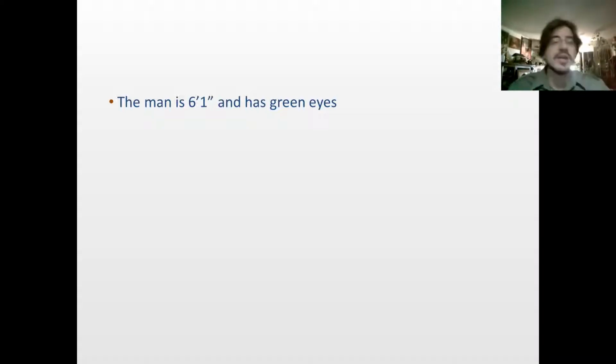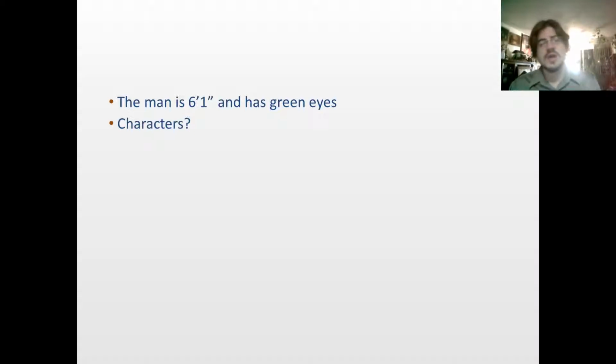And there it is. Gender. Congratulations, you guys. You're geniuses. Throwing out the correct answer on me. So the characters are gender, height, and eye color. And the specific traits are male for gender, 6'1" for height, and green for eye color.